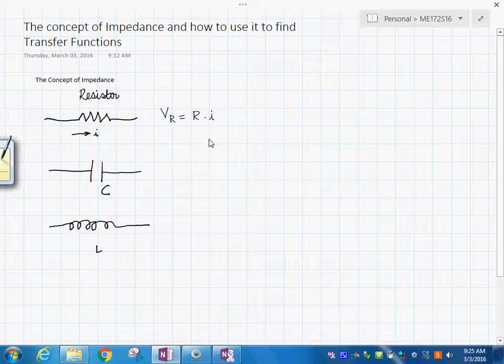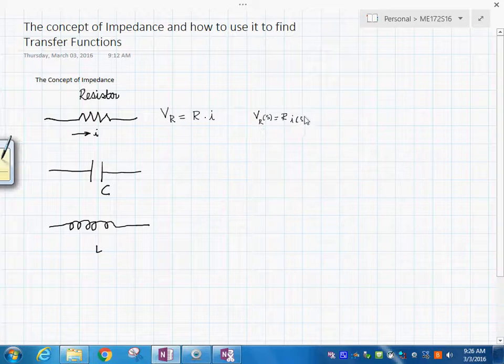And if you apply the Laplace transform to this, you can say that the voltage of R in this domain is R times I of S, right?